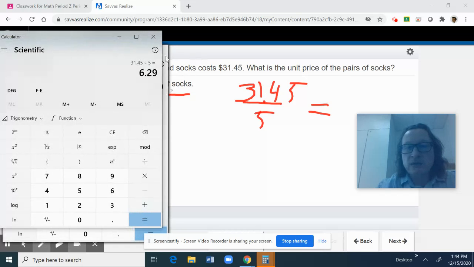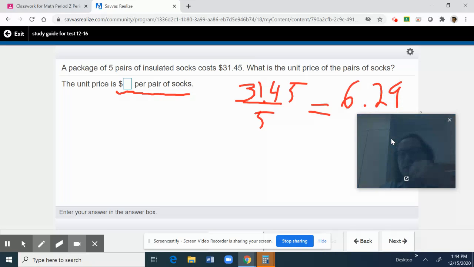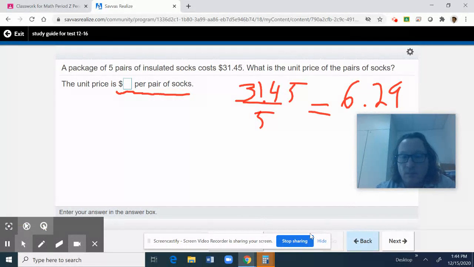I mean, we know how to do this, but now you may have different numbers, but the process is the same. Be careful. Make sure whatever comes first per whatever comes second is how you do the unit rate. And that would be the end of question one.